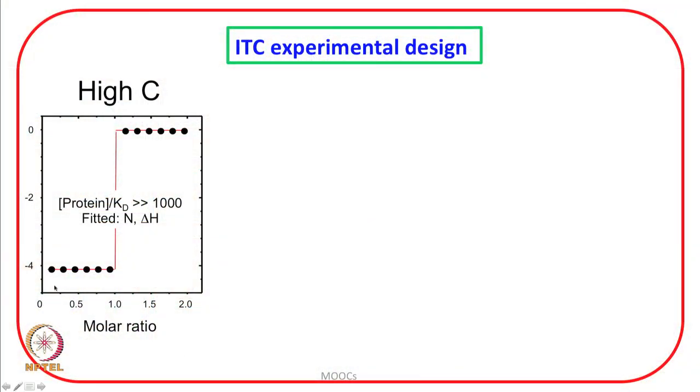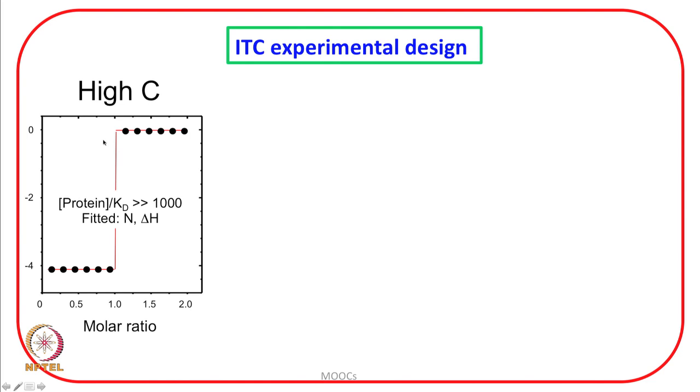So, in the design of an ITC experiment, a high C value will give an output like this. If C value is more than 1000, we have experimental data points in the beginning and when all the binding sites are occupied, and in between we have no experimental data point.